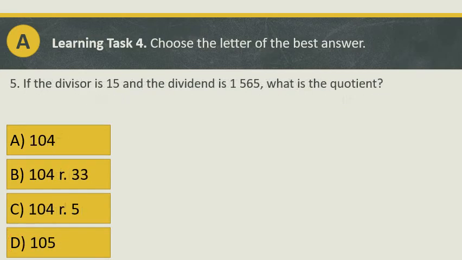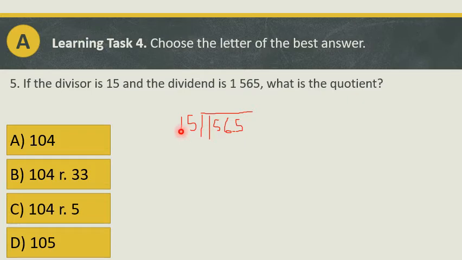And last, number 5. If the divisor is 15 and the dividend is 1,565, what is the quotient? So, di-divide natin yung 1,565 sa 15. So, di-divide po natin yan. 1,565 divided by 15.